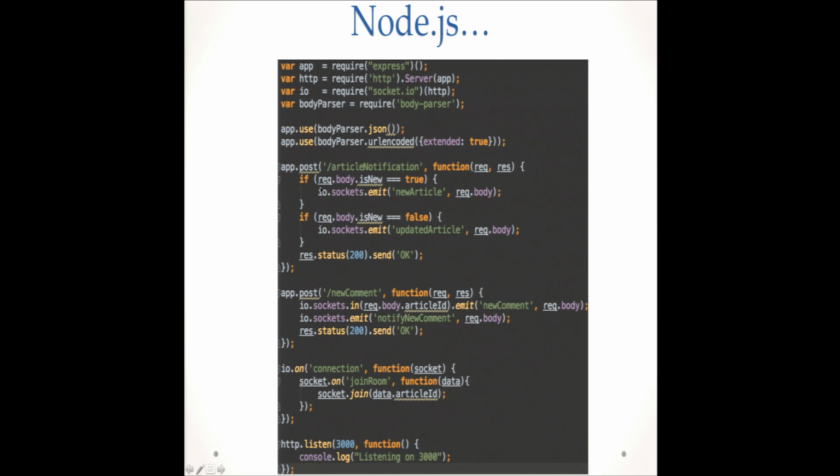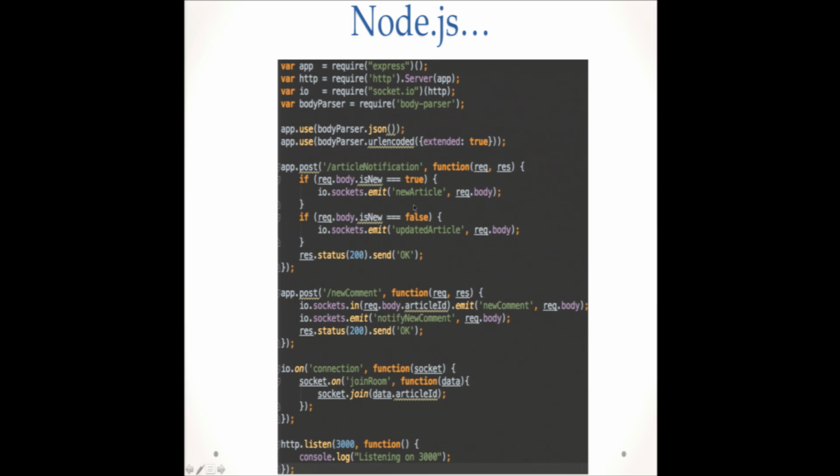we're going to read the object that we are receiving. Remember that the entities in CakePHP have the is new property. If it's true, then it means that there was a new article, and then we will have to emit an event with the name new article.